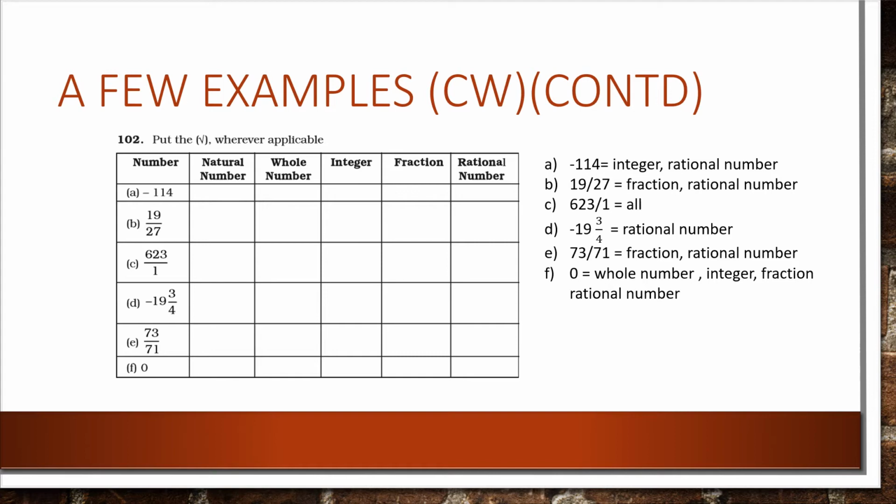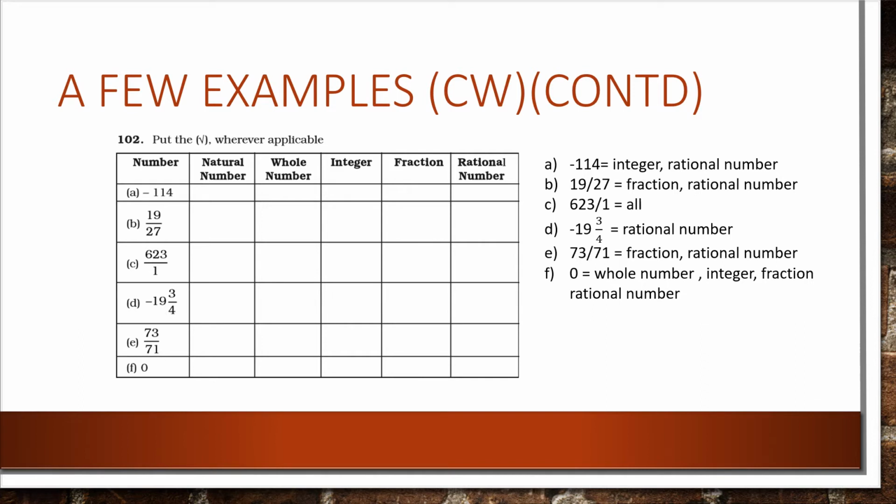Yes, because integers are minus, 0 and positive numbers. So it's an integer. Is it a fraction? No, because fraction cannot be negative. Is it a rational number? Yes, of course, because it can be written as -114 by 1. So it's an integer as well as a rational number.